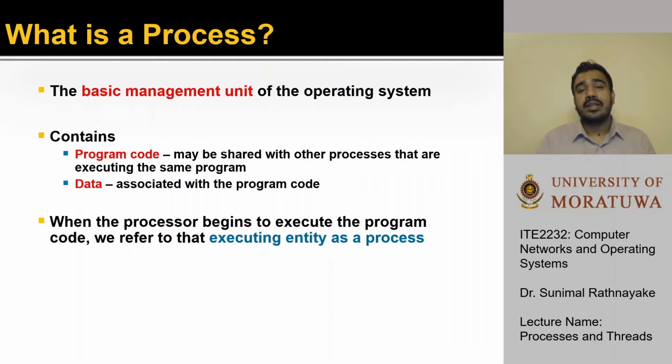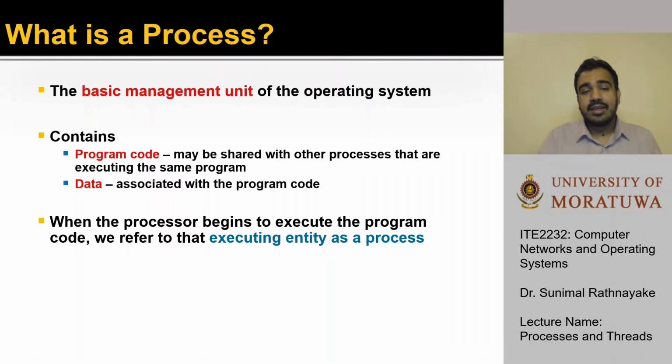Like I explained in the last lecture, a program, when it is not executing, is program code. When it is executing, it's a process. For the operation of a program, we need both instructions and data, so the process is associated with both the program code and the data associated with it.